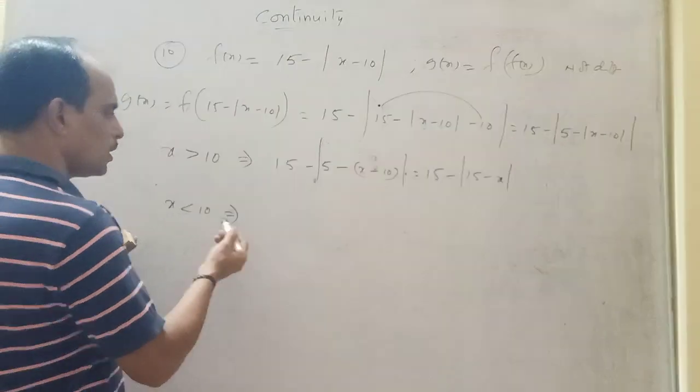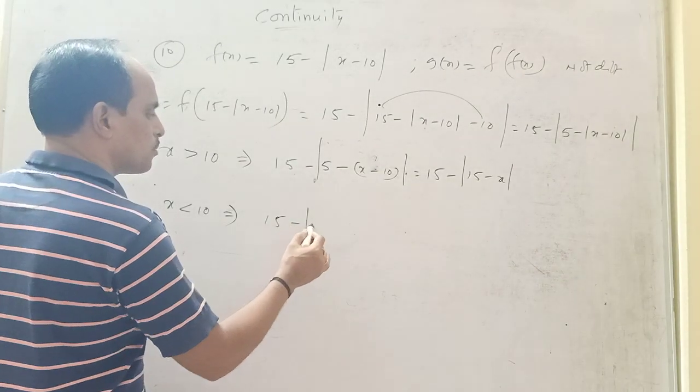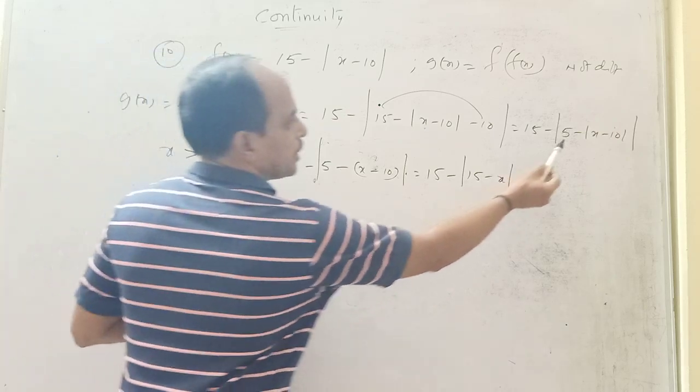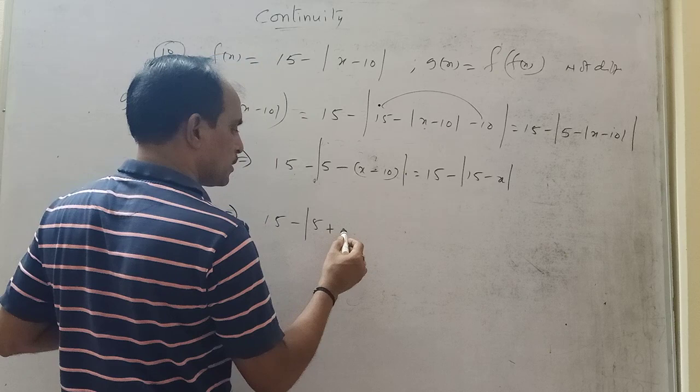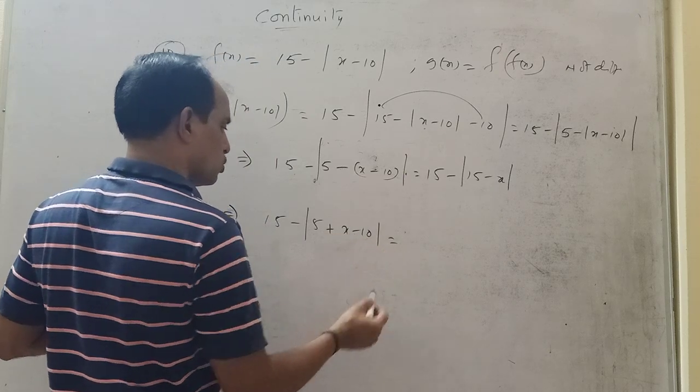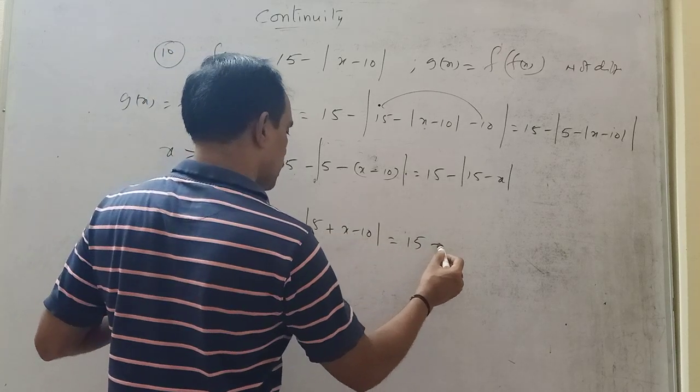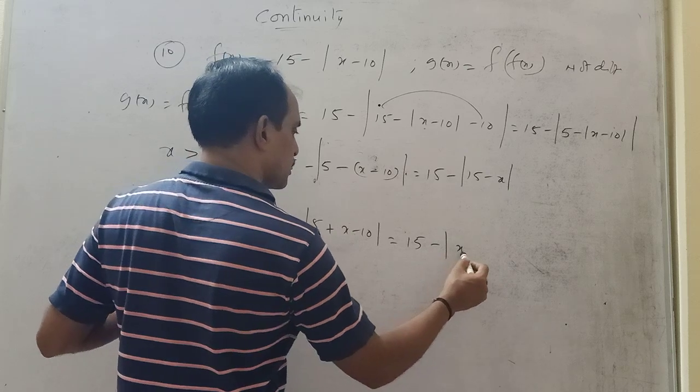And if x is less than 10, you get minus of minus, plus x - 10, so 5 - (-(x - 10)) becomes x - 5. So we have 15 - |x - 5|.